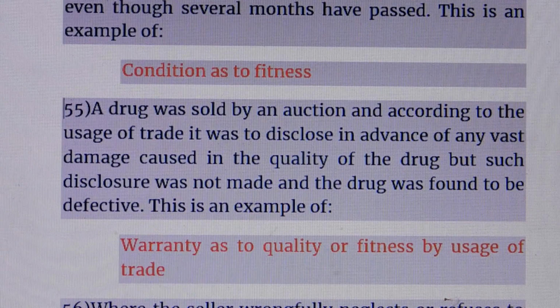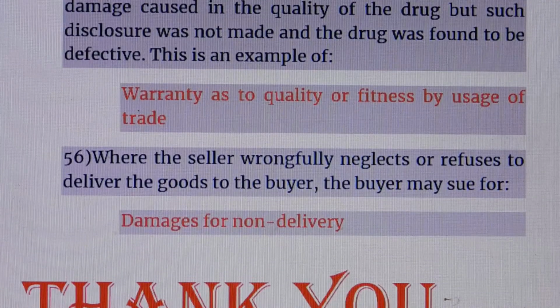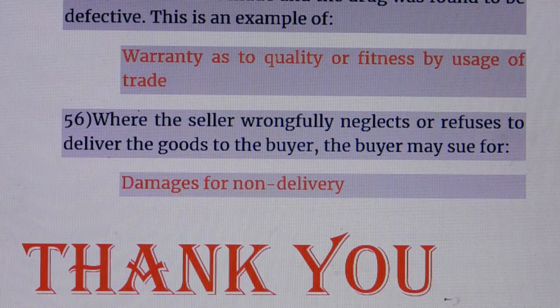This is an example of. Answer is warranty as to quality or fitness by usage of trade. Question number 56. Where the seller wrongfully neglects or refuses to deliver the goods, the buyer may sue for. Answer is damages for non-delivery.